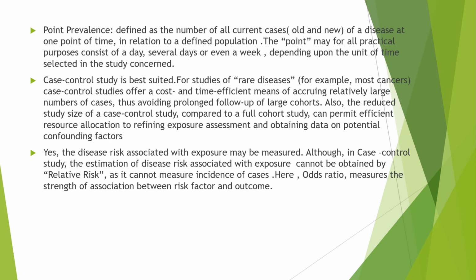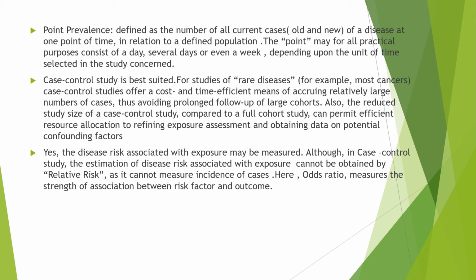So coming to the question, can disease risk associated with exposure be measured in this kind of study? Yes, the disease risk associated with exposure may be measured. Although in a case control study, the estimation of disease risk associated with exposure cannot be obtained by relative risk, it is measured with a term called odds ratio.